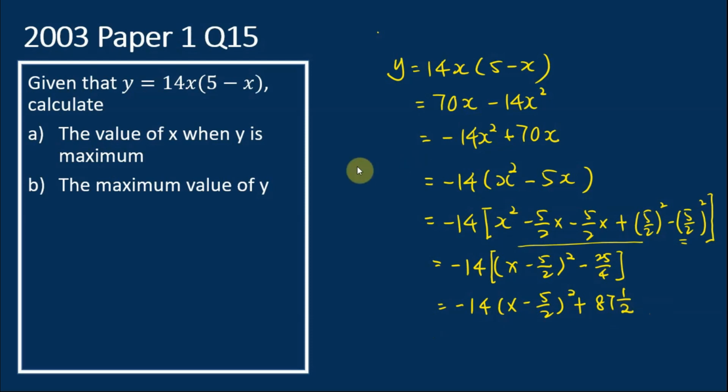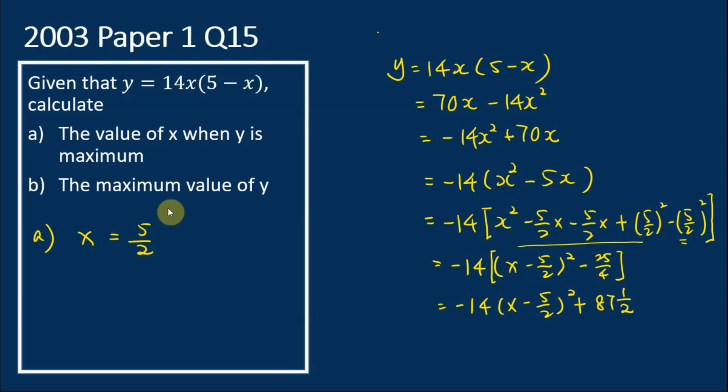So question A, the value of x when y is maximum. At the maximum point, the x coordinate is equal to the negative of the constant inside the bracket, which is 5 over 2.